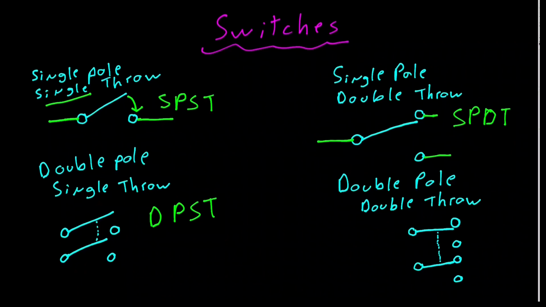And finally, this is the double pole, double throw, or DPDT. So we have two input sources here, and up to 1, 2, 3, 4 output sources.